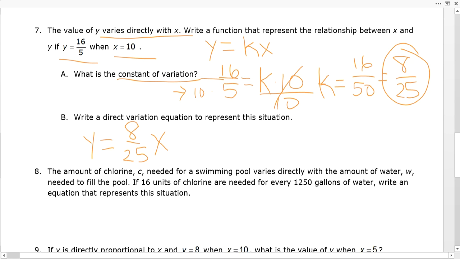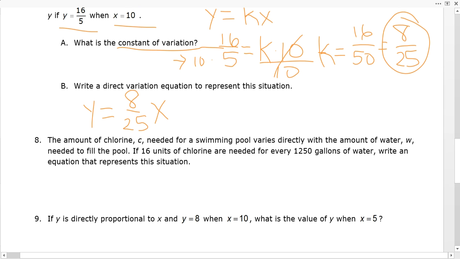Okay, we're doing the same thing with number 8. If the chlorine varies directly with water, chlorine is going to be y, water is going to be x. So I have C equals K times W. So we have our 16 and our 1250. I put those in and solve for K. So 16 equals K times 1250.